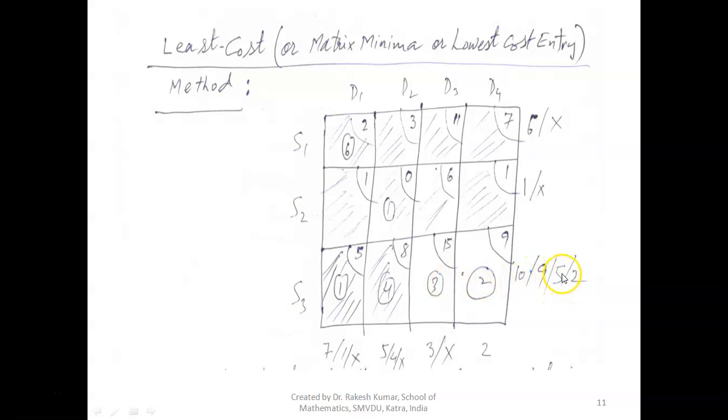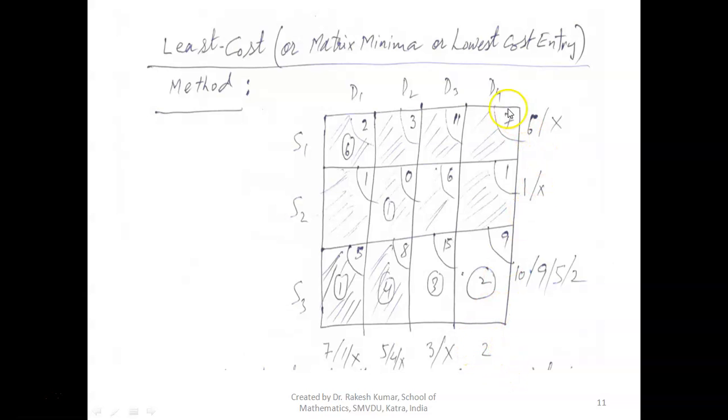We will have to take the material from this third supply center, and obviously 3 have to be transported only from here and 2 only from here. So put 3 and 2 over here. This way I can put a cross over here, so this is also satisfied, exhausted.